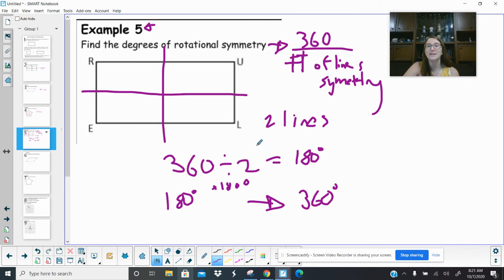So what this means is 180 degrees is our only degree of rotational symmetry because we don't list 360. Everything has 360 degree rotational symmetry. This will make more sense once we look at an example where there are more lines of symmetry.